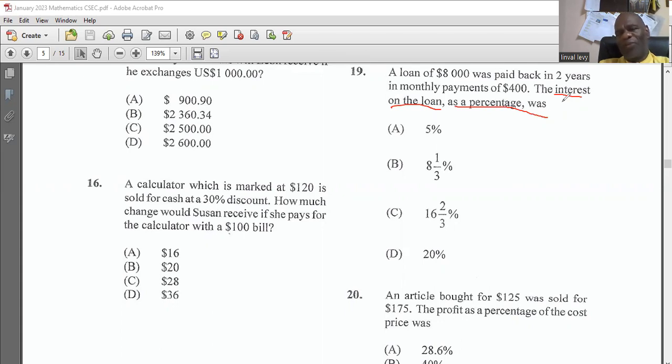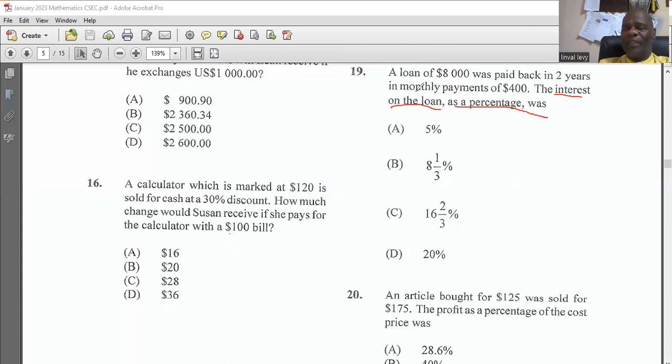All right. So what we have to do first is find the interest. The loan of $8,000 was paid back in 2 years, monthly installment of $400. So what we'll have to do now is multiply this $400. We're going to convert the years to months. Why?